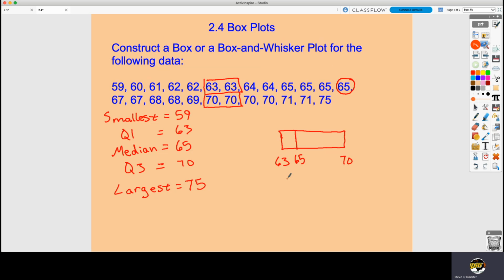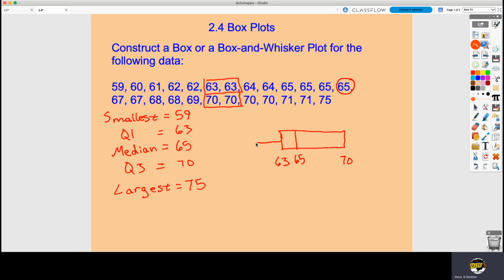So how many data points should be inside the box here? What percent? Yeah, it should be 50% of your data points that fall between this 63 and that 70. That means 50% of the data points fall outside of it, and that's where you put the whiskers.